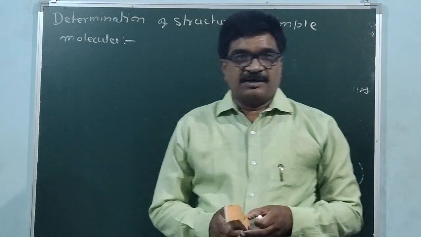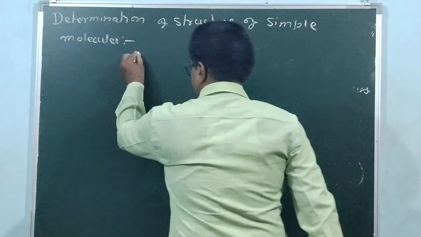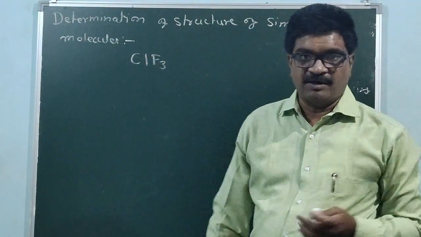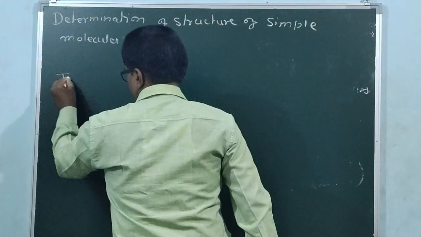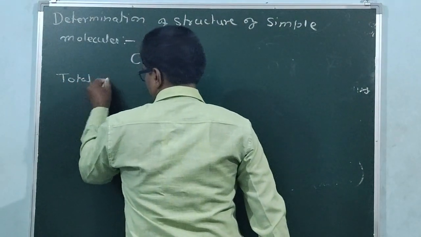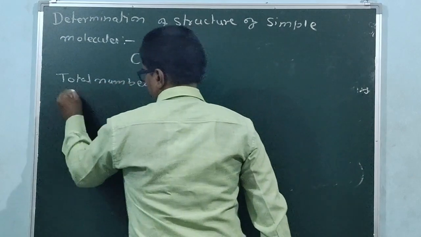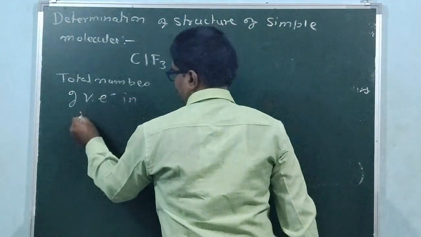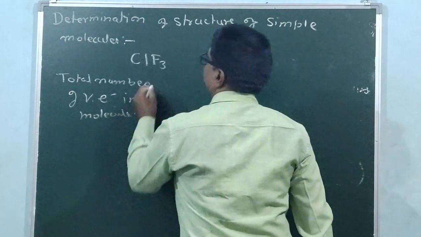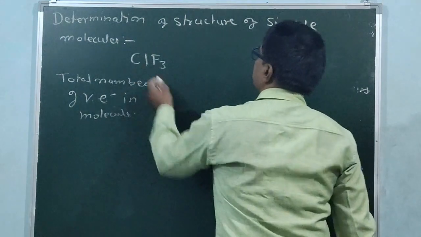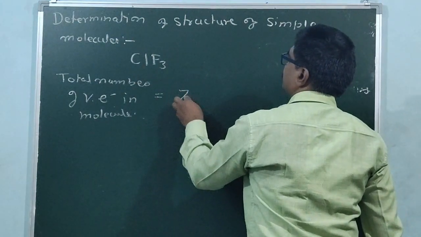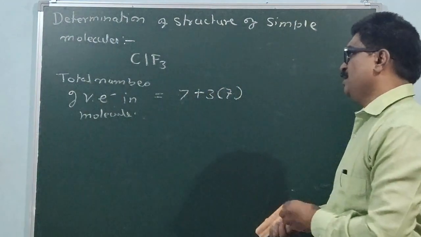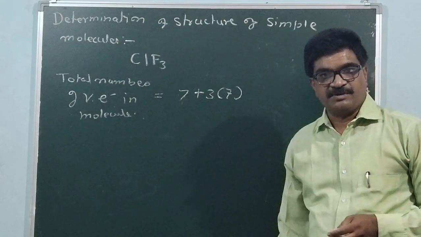Now let us consider a very interesting example, ClF3. As usual, we find the total number of valence electrons in the molecule. That is 7 for chlorine plus 3 into 7 for fluorine, because all these halogen atoms are present in the 7th group.